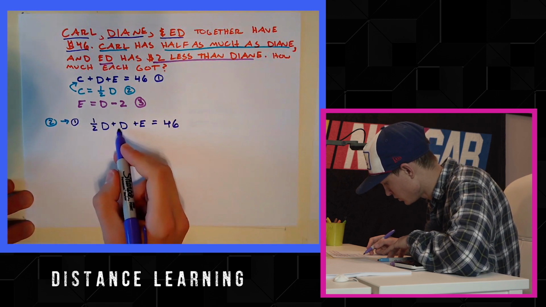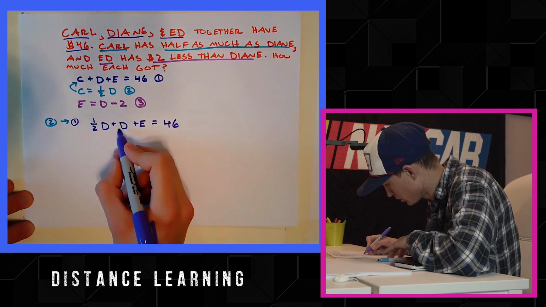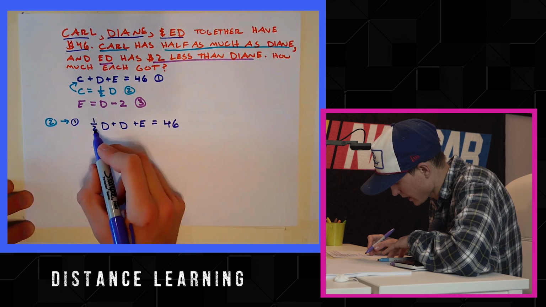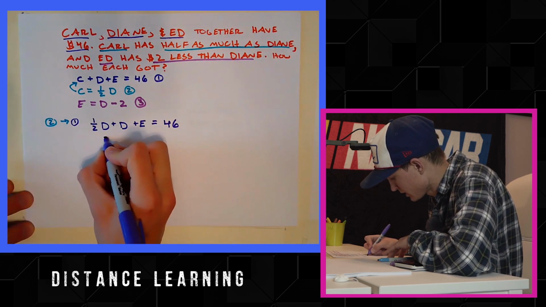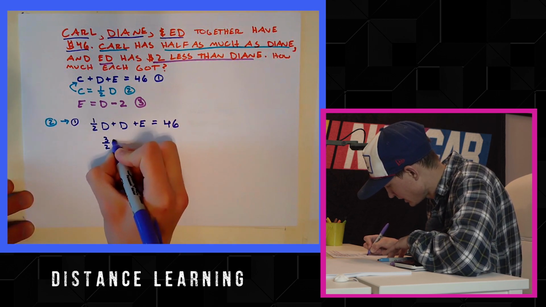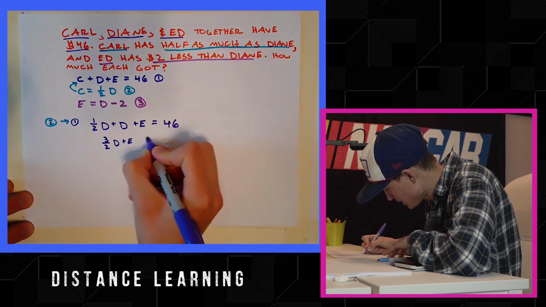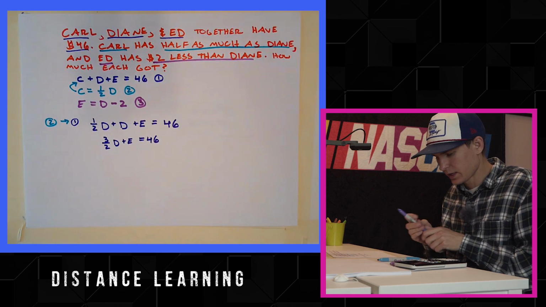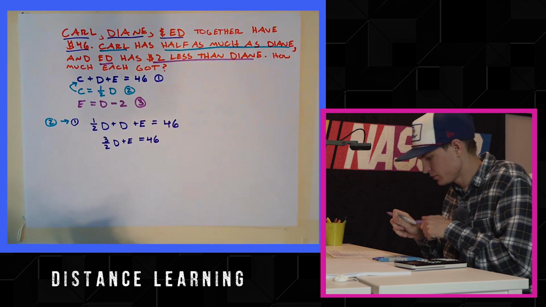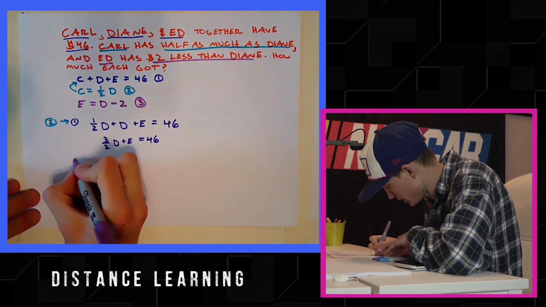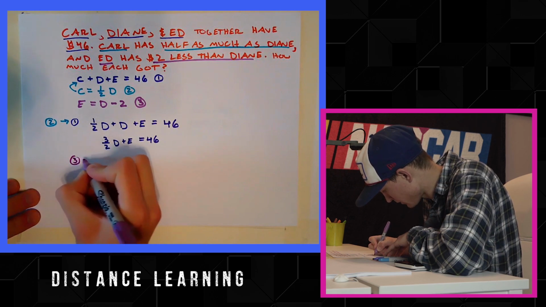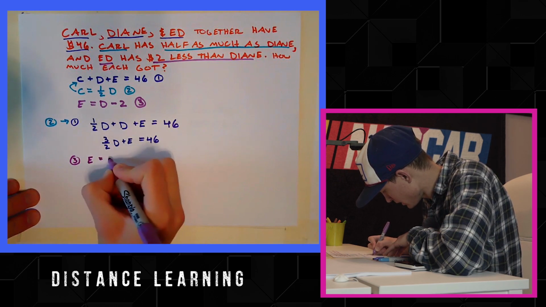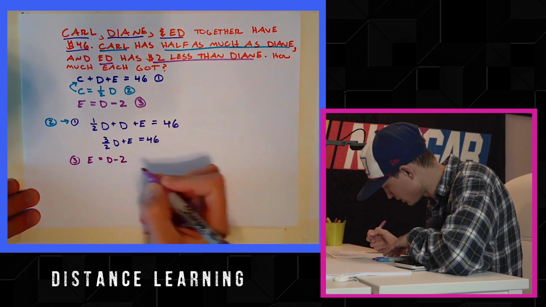This is 2 over 2. 1 plus that is 1/2, which is 3/2. 3/2 D plus E is 46. And I'm going to copy down equation 3. E equals D minus 2.